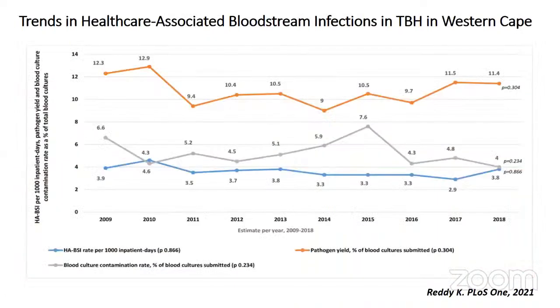Now, when we talk about bloodstream infection and looking at the positive culture as a determination of that, we just need to remember that the yield of cultures is very low. This is a study from the Western Cape, I think from Tygerberg. You can see the yield of positive cultures is less than 20%, but that does not mean the ones that are negative do not have sepsis.